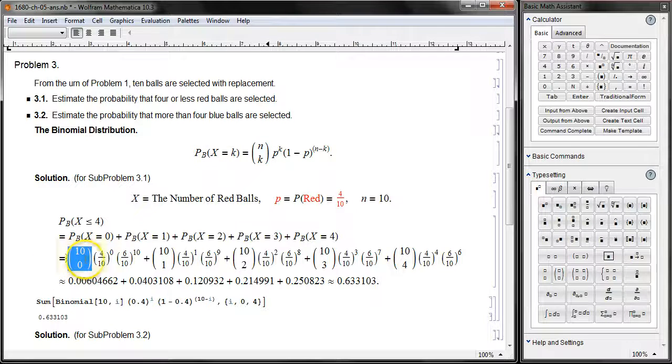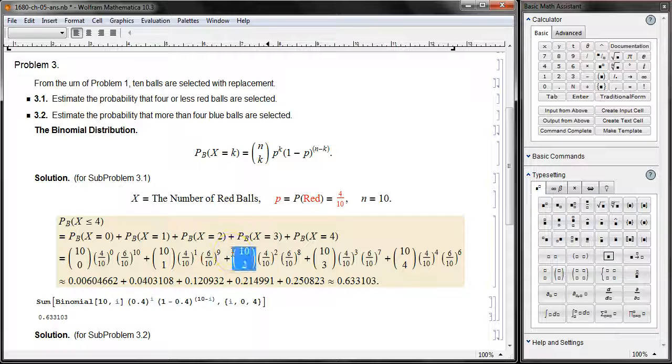N choose k, 10 choose 0 in this case, and then 4/10 probability for red is 4/10 to the 0 power because no red, and then the other 10 times all the other non-red, 6/10 to the 10th power. This is 1 red, 10 choose 1, and then 4/10 took place once, and the other case 6/10 took place now 10 minus 1, 9 times.